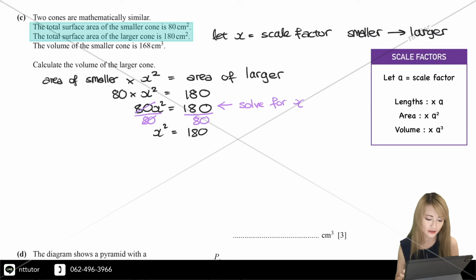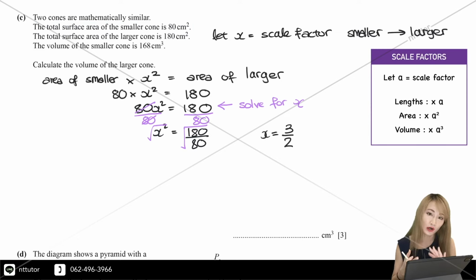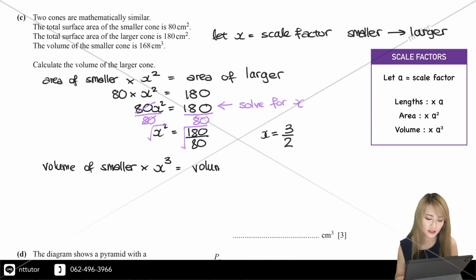So the scale factor is equal to the square root of 180 over 80. So x, or scale factor, equals 3 over 2. So in terms of volume, we know that the volume of the smaller cone multiplied by scale factor cubed, because we're working with volume, must equal the volume of the larger cone.